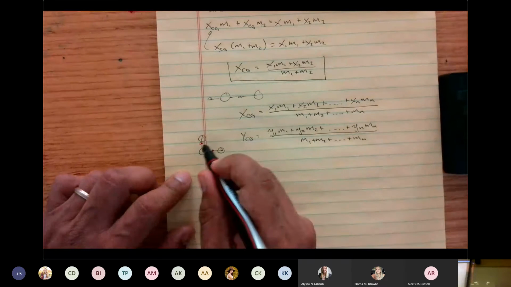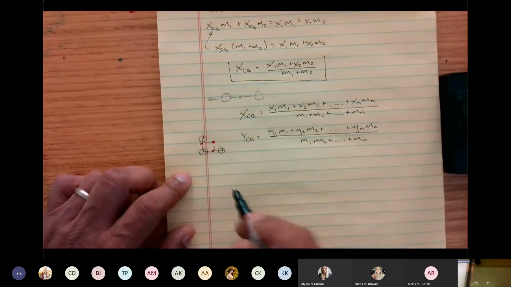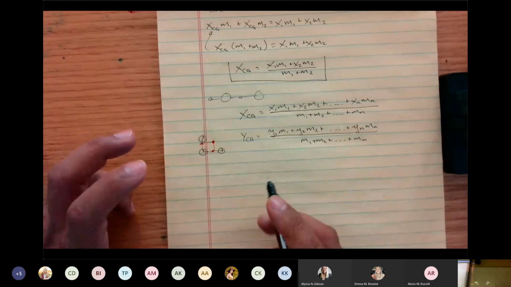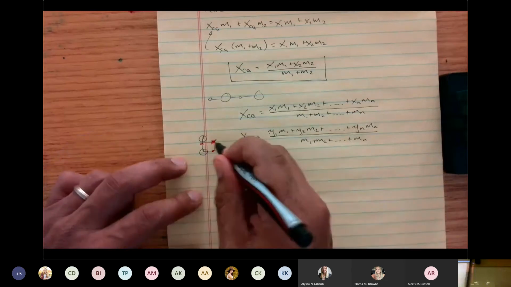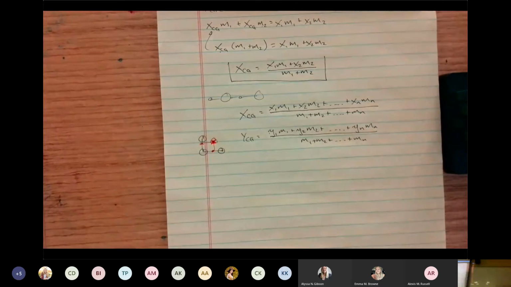So in this case, the center of gravity is going to be somewhere outside the object. And that's very common, it's not unusual to have the center of gravity outside the object. It's something that you will expect.